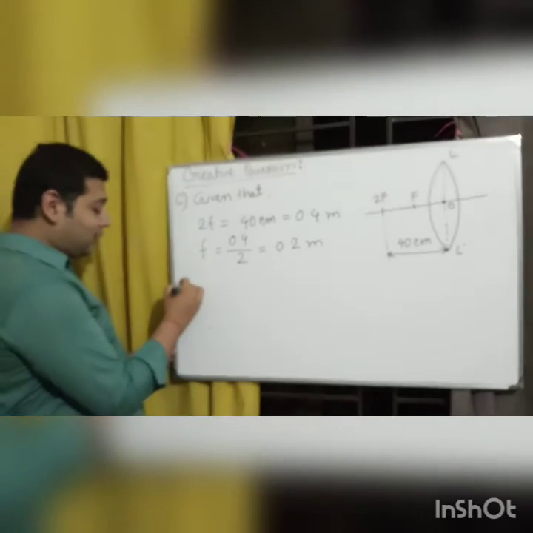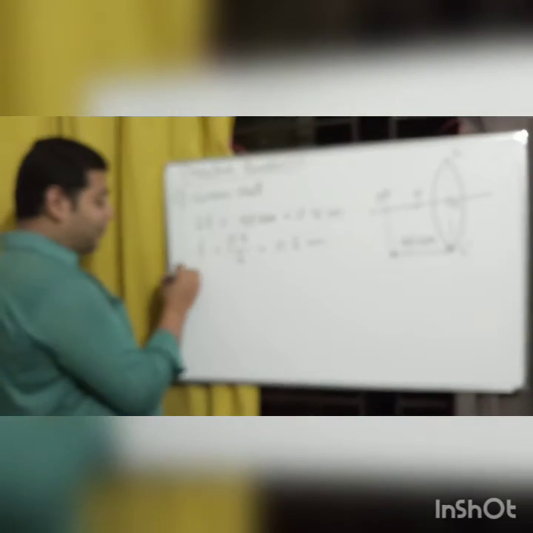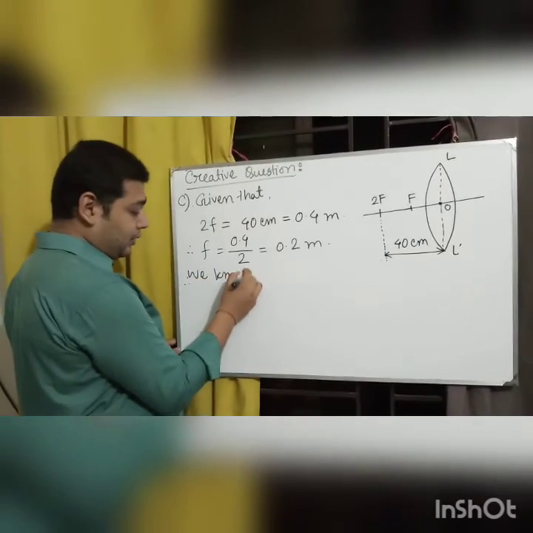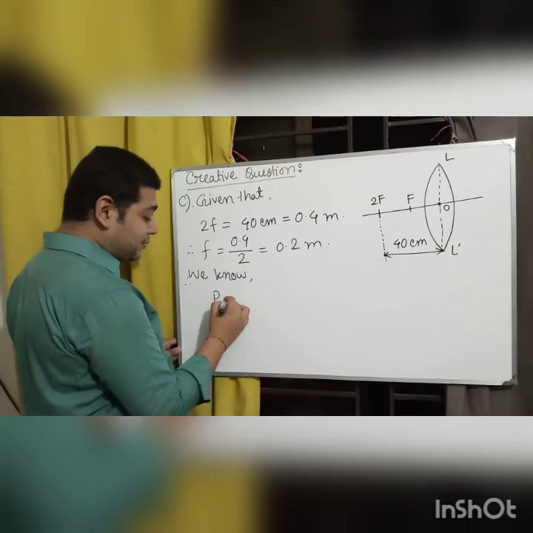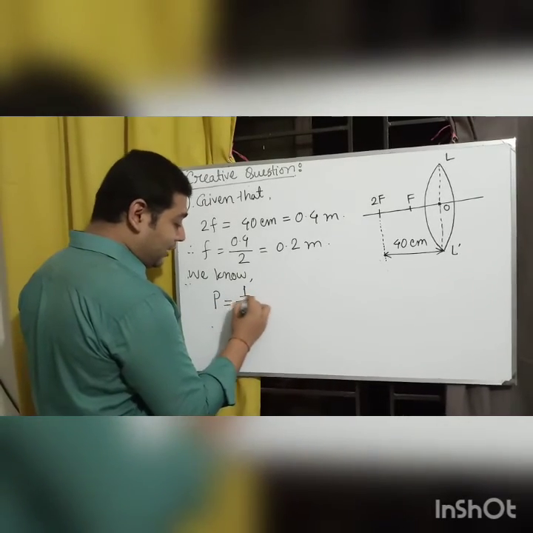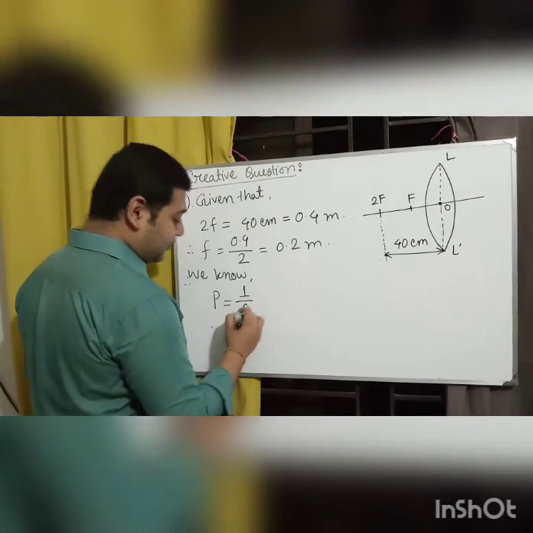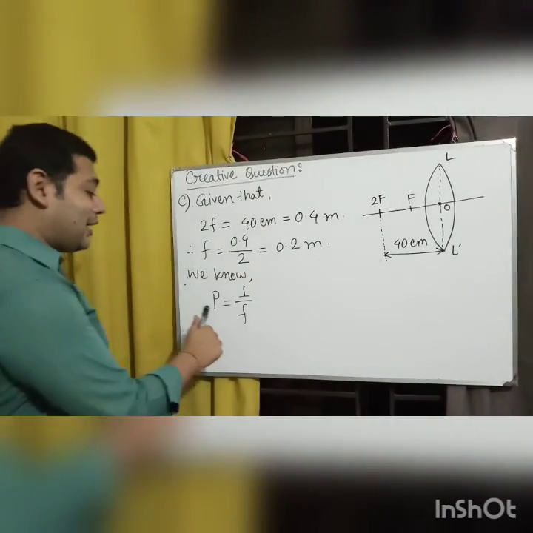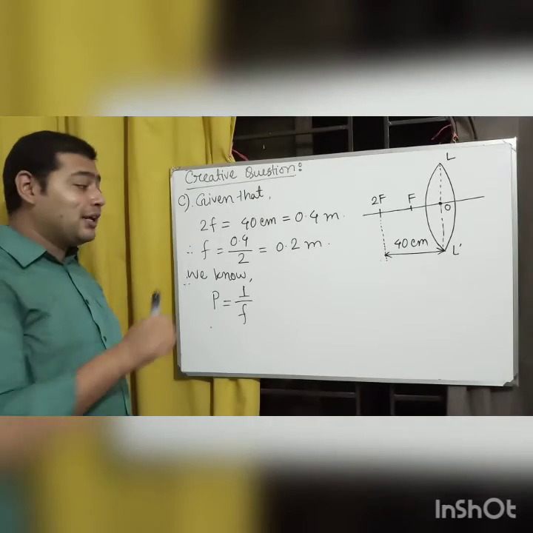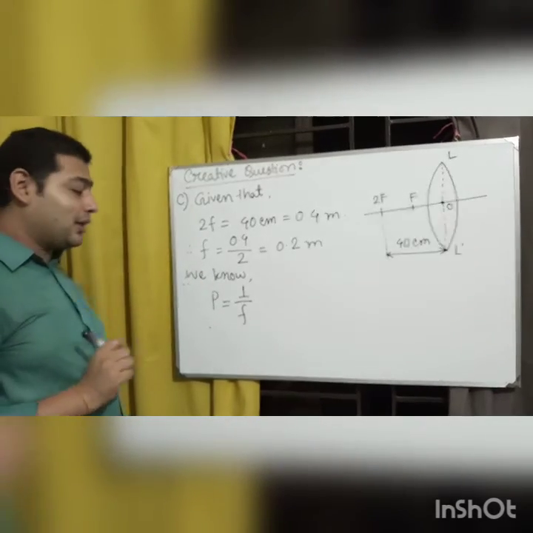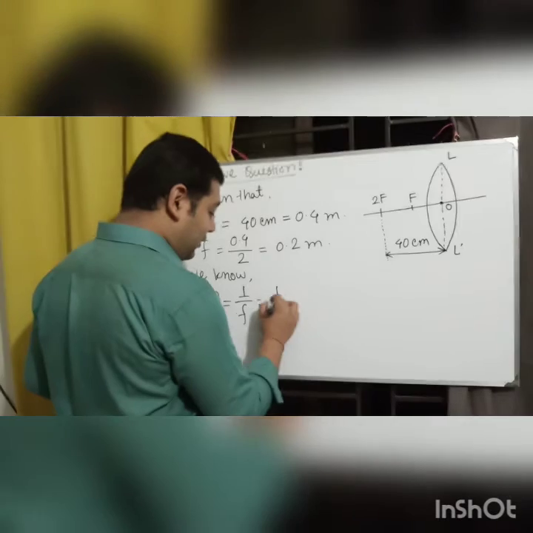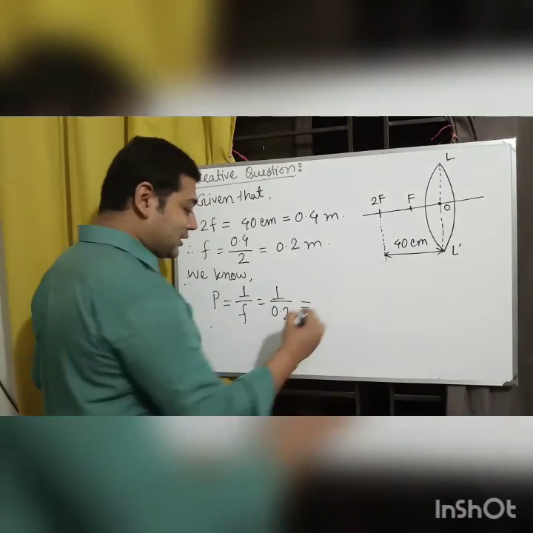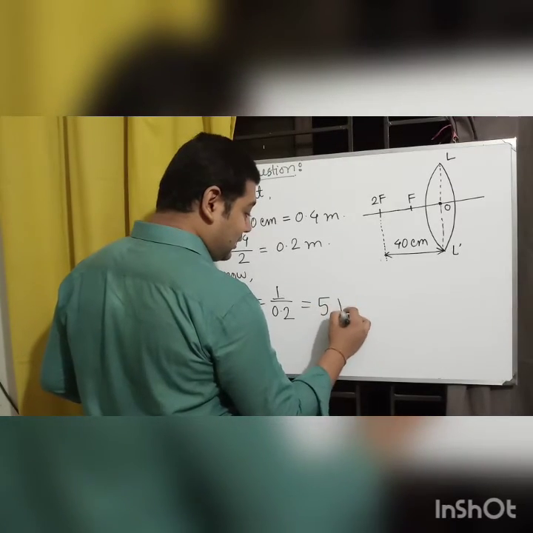So the formula of power is P equal to 1 by f. You must remember that the f must be in meter unit. So 1 by 0.2, and the result is 5 diopter.